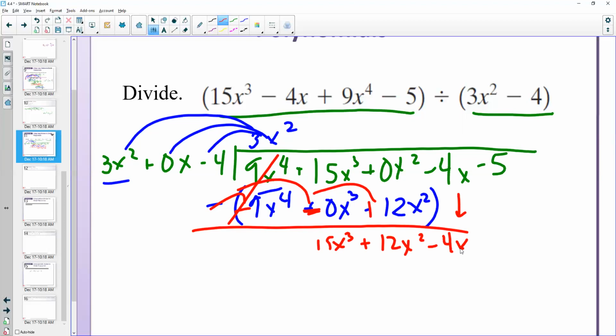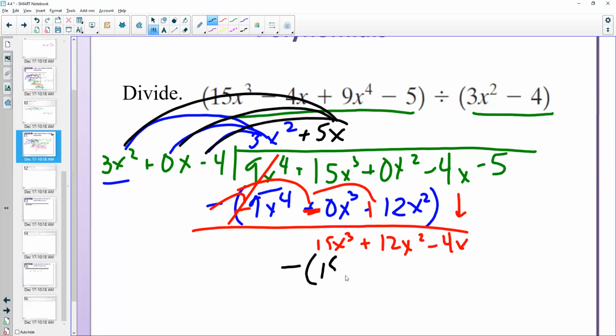All right, so I need to turn 3x squared into 15x cubed. So let's see, let's use plus 5x, right? Distribute just like I did. So this gets me 15x cubed plus 0x squared minus 20x.